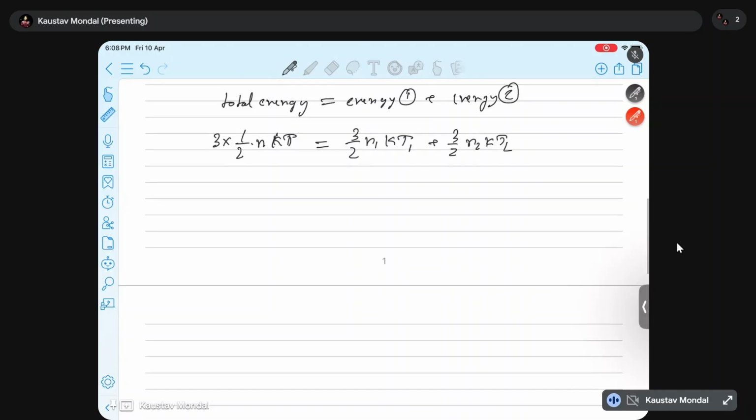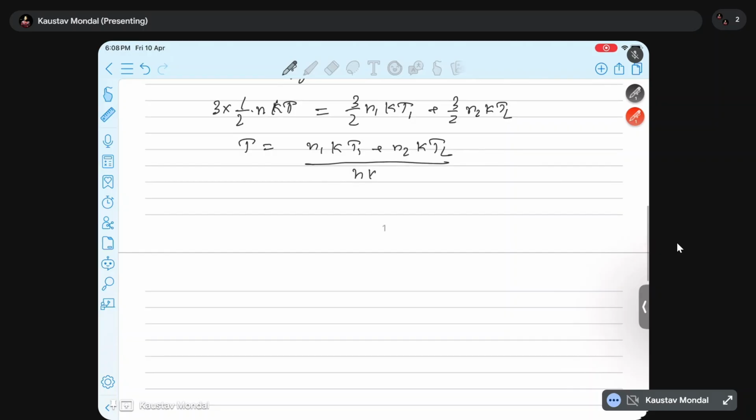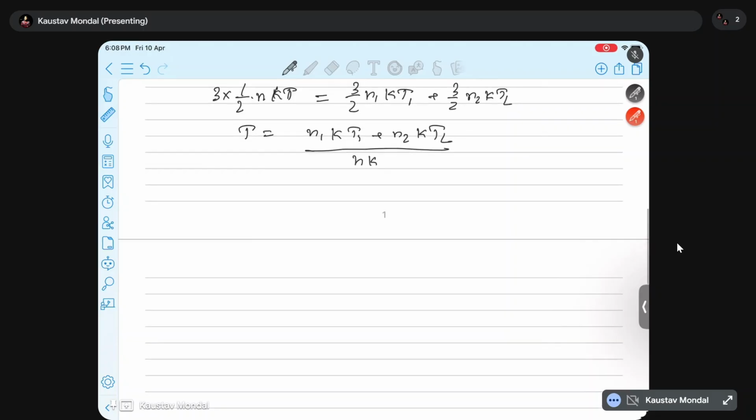So from here, we know N is equal to N1 plus N2, so T would be equal to N1 T1 plus N2 T2 by N, with k cancelling.